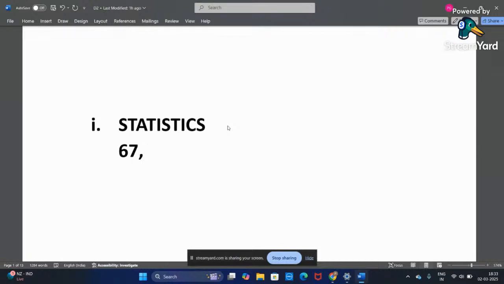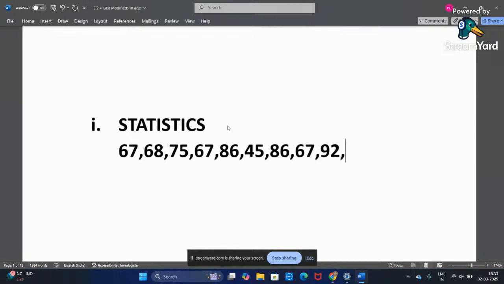67, 68. These are random numbers. These are the marks scored by 10 students. In this, 67 has repeated three times.